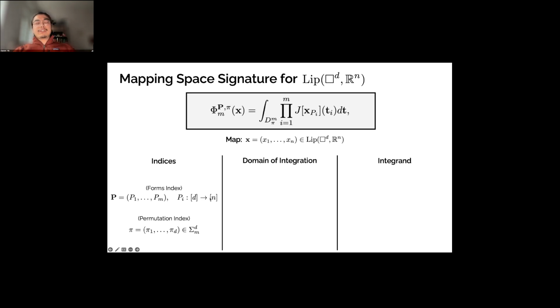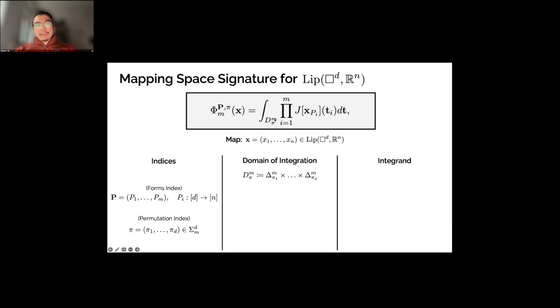So here I'm just using these types of functions to denote a basis of the Dth exterior algebra on Rn. And in addition to this forms index, we also have a permutation index. So this is just going to be D permutations on M elements.